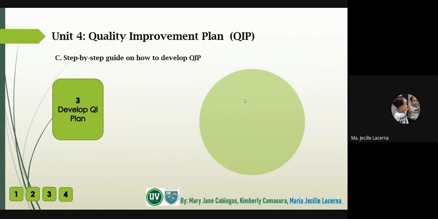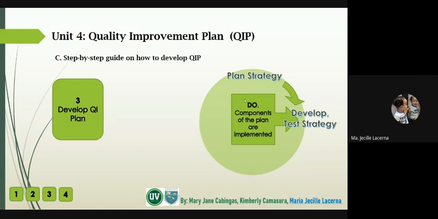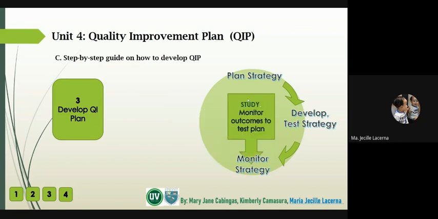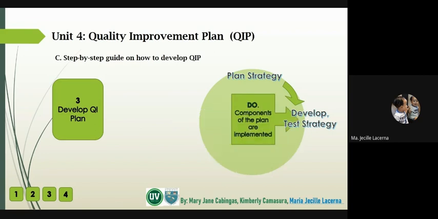Once the organization has already established a plan and has been using the QIP for quite some time, it will just be a cycle. From planning the strategy where they identified a goal or a purpose, they will then develop or test the strategy from the previous QIPs that they have done. So there is evaluation from the previous QIP, then they have to develop a new strategy.